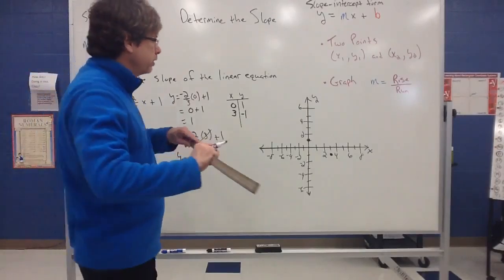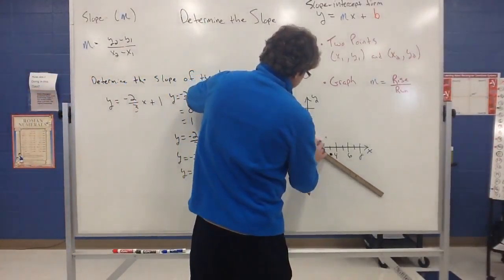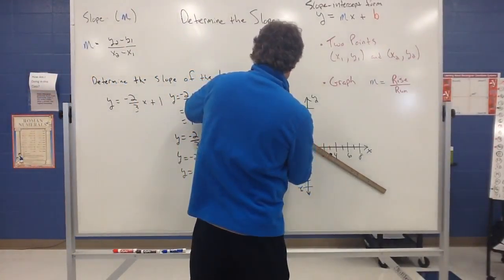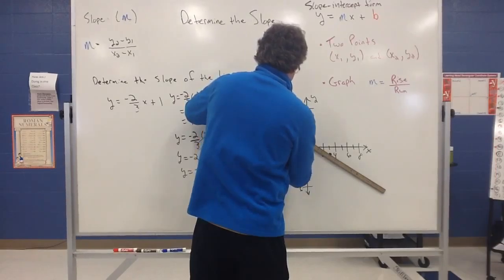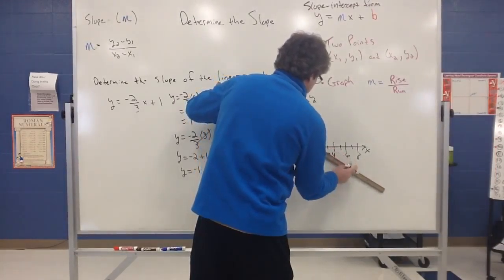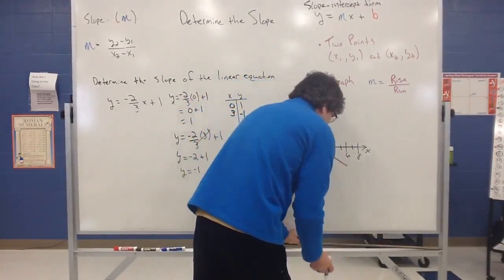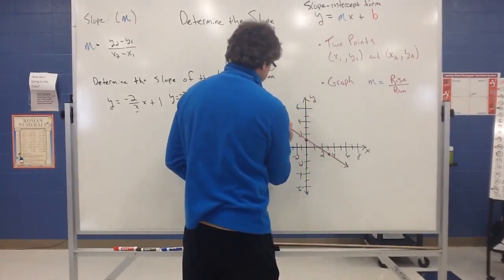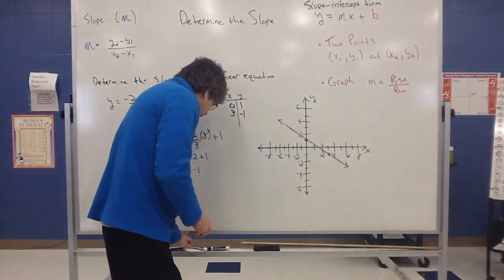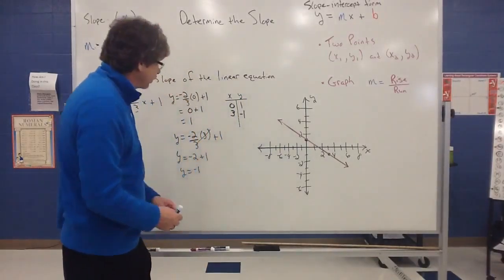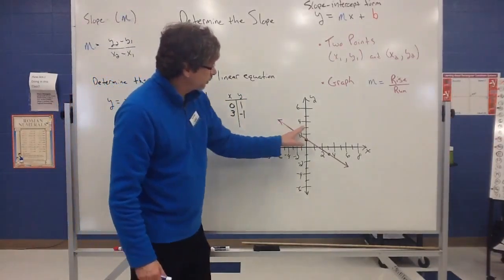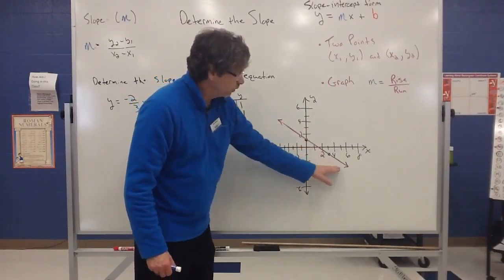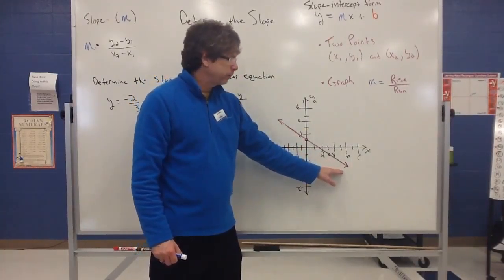And remember, these linear equations take on the look of a line. So, looking at our line, notice that as I move from left to right, it's going in a decreasing direction, so it should have a negative slope.